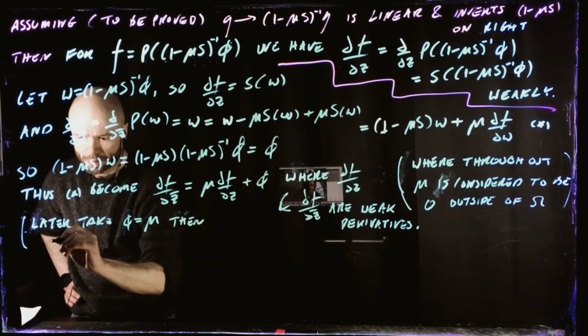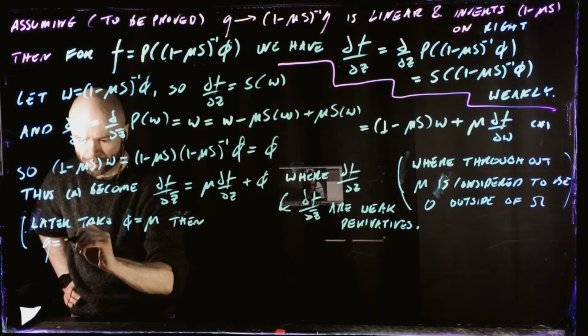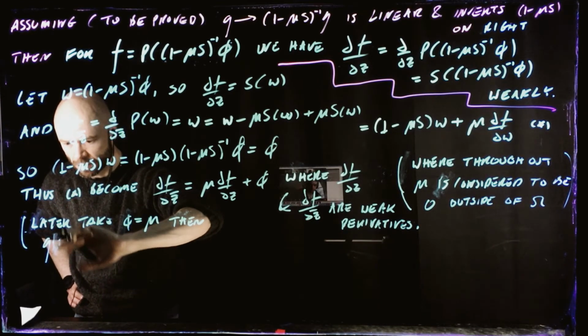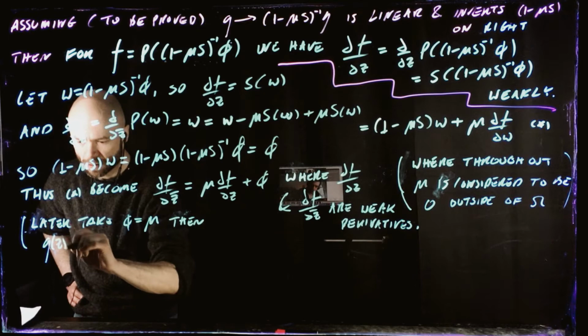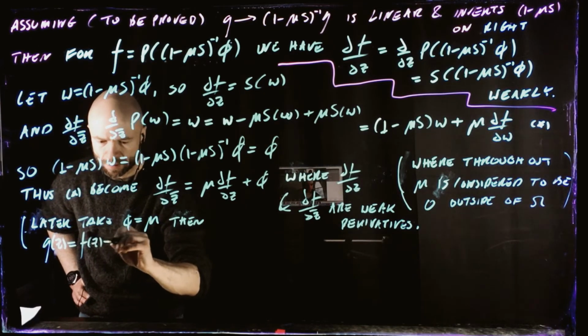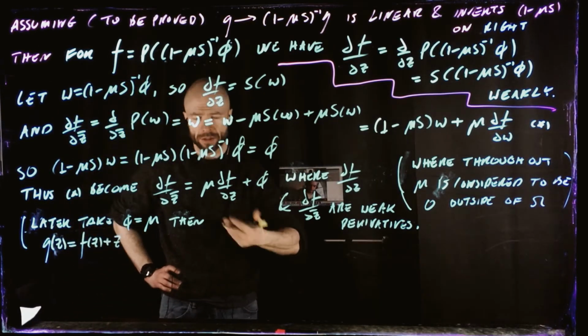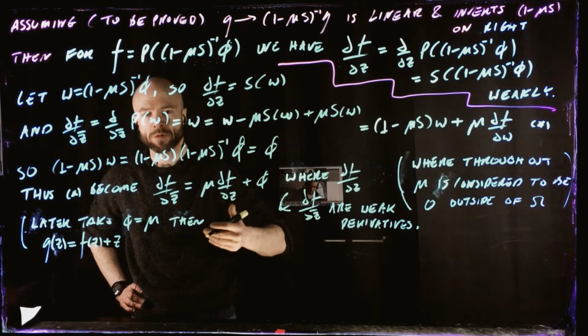Then G, which will be f of z plus z, will actually solve the Beltrami equation we've been working hard towards.